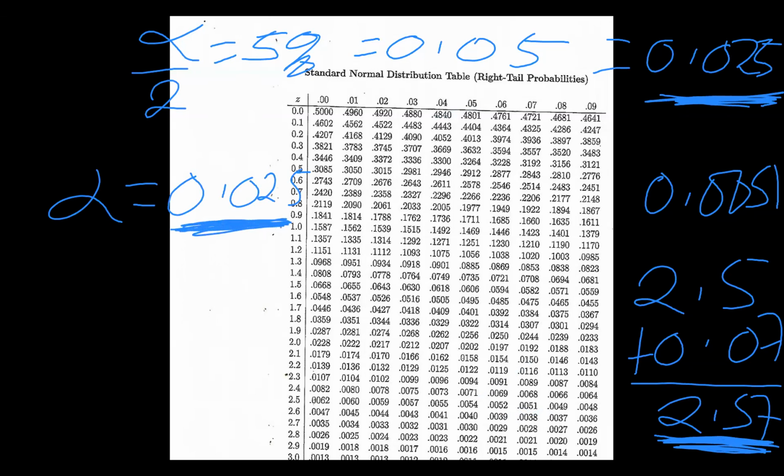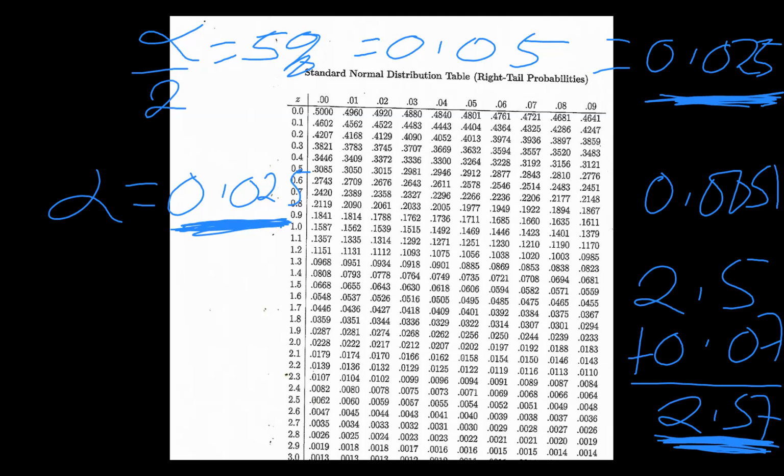You go to the table and you look for this area. Where do you find this area? Let's look for it. Remember, this is 0.025. This table does not write 0 point something, it just writes point. Just know that before the point there's 0.